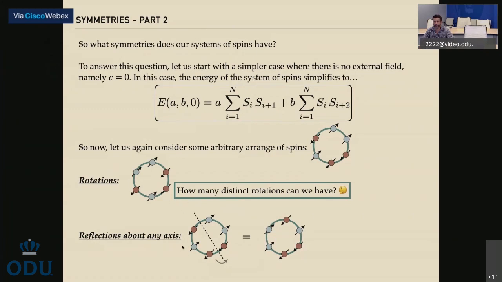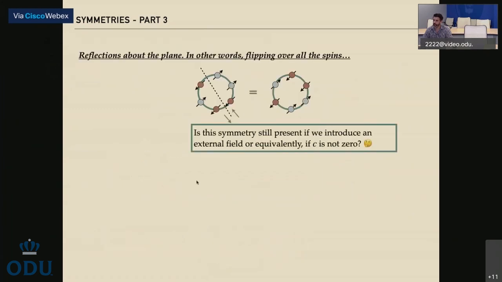And which ones of these leave the system invariant? So here what I'm thinking about is rotating the system, where I essentially make a mirror, I just take the system and grab its mirror image, okay? So I'm replacing these two together, and these two. Alternatively, I can also make reflections where I flip everything by the plane.